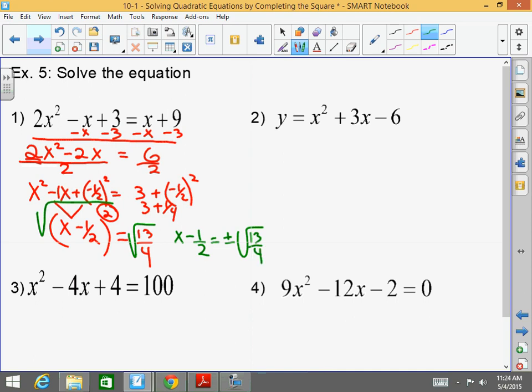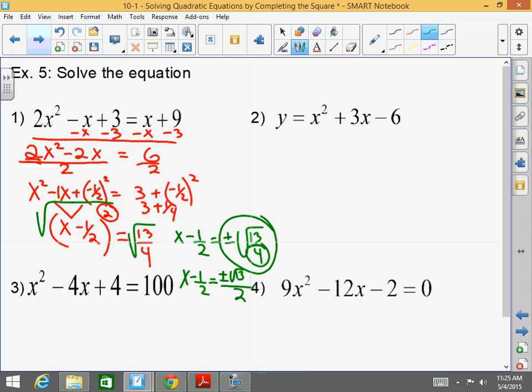Here's where you have to be careful. When you look at this, do I have a perfect square there? No, really? Because I see this: 1/2 equals plus or minus the square root of 13 over 2. Isn't the square root of 4 a 2?